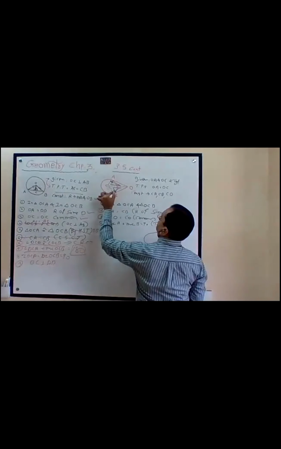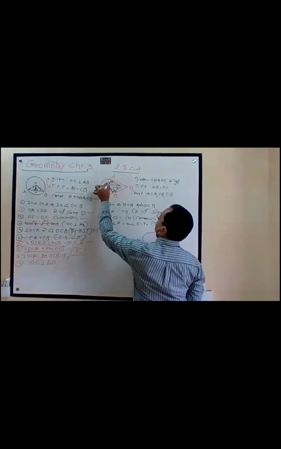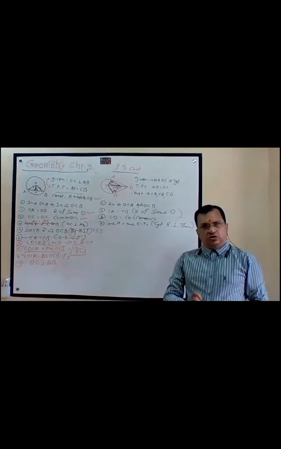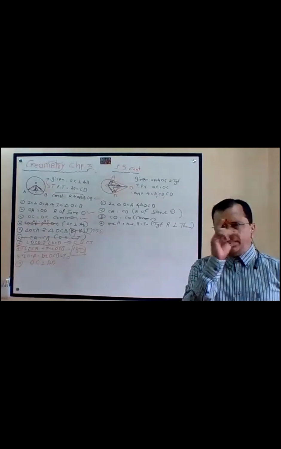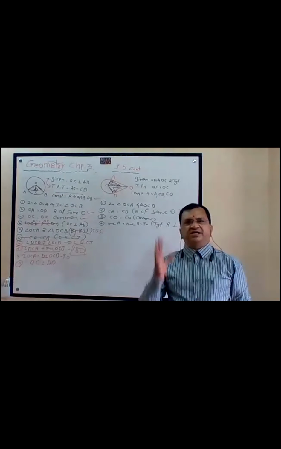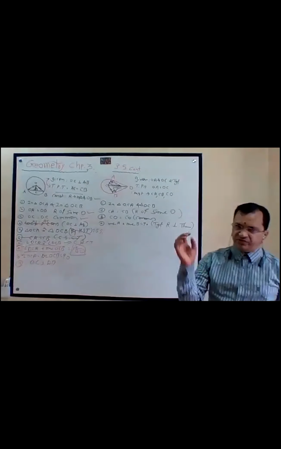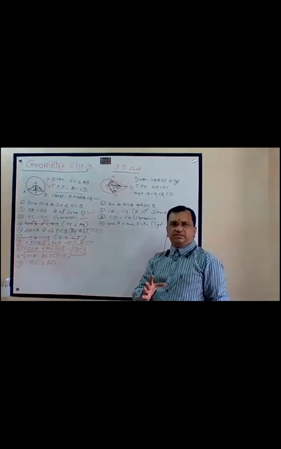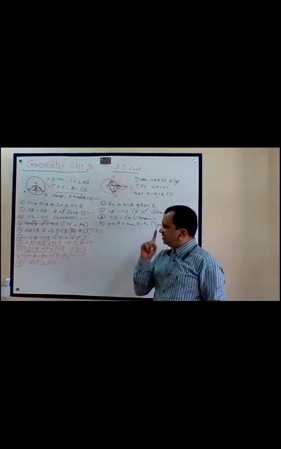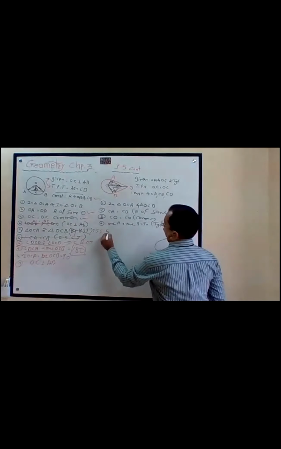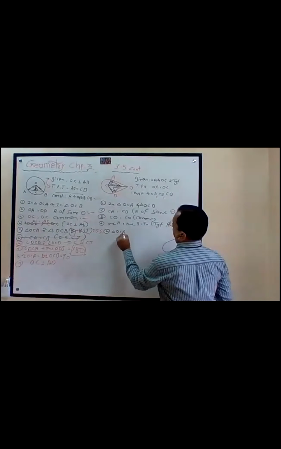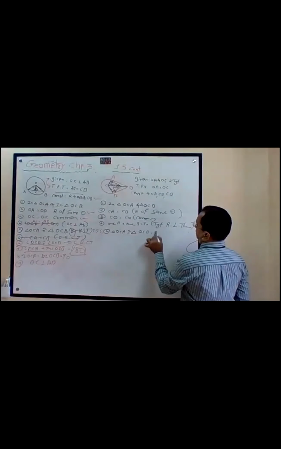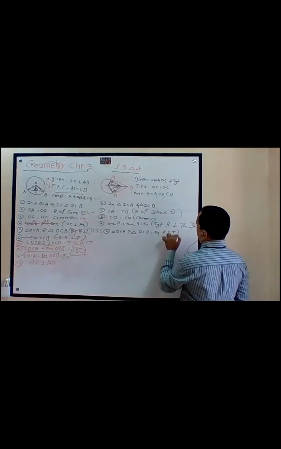When the 90s are equal, radii are equal, and the middle is common, out of 4 tests only the hypotenuse side test applies. If you do not write that word and write another test, 0 marks. With this test only you can prove it. Fifth, triangle OCA is congruent to triangle OCB by the hypotenuse side test only.